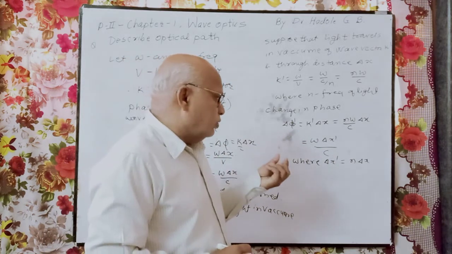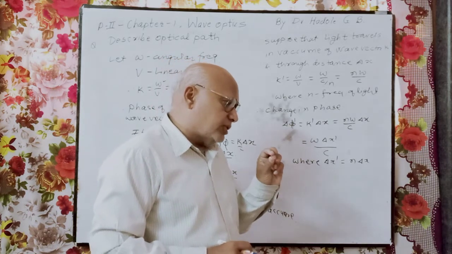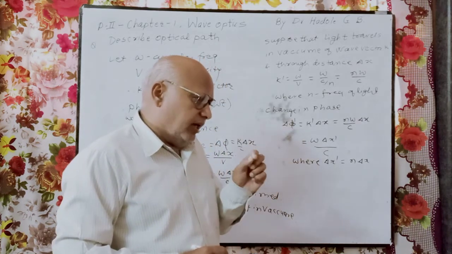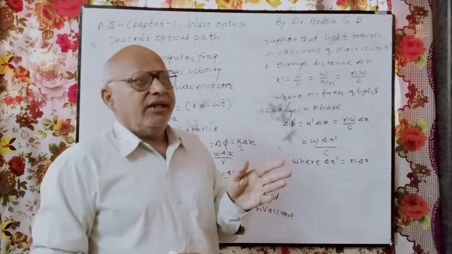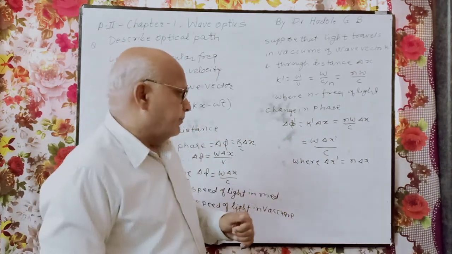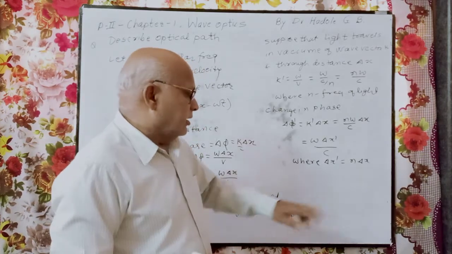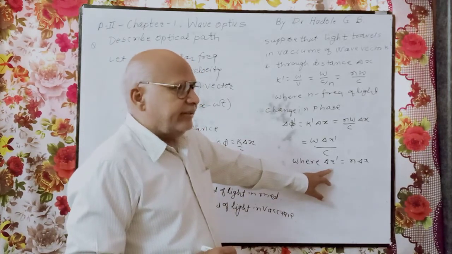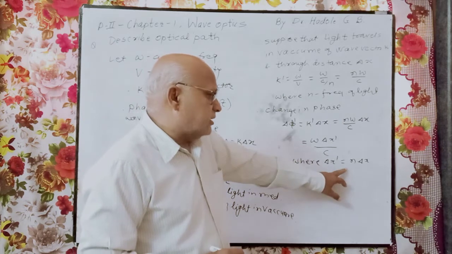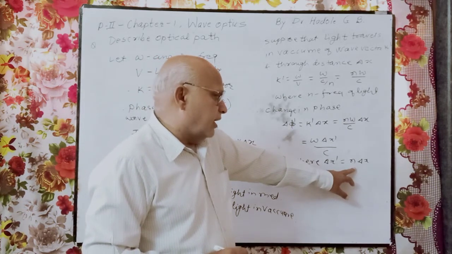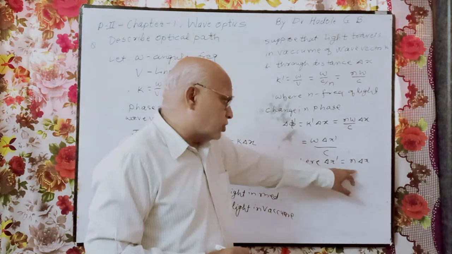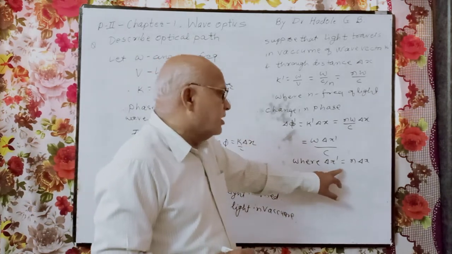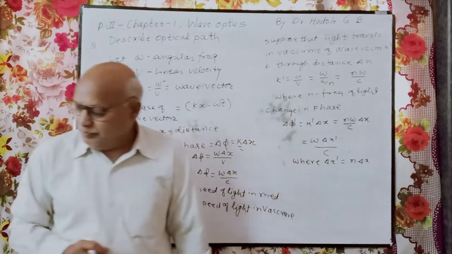So this gives the relation between these two quantities, that is path length in a vacuum and path length in a medium, or this path length in a vacuum is equal to n times the path length in medium, and these two are equivalent because they are equal.